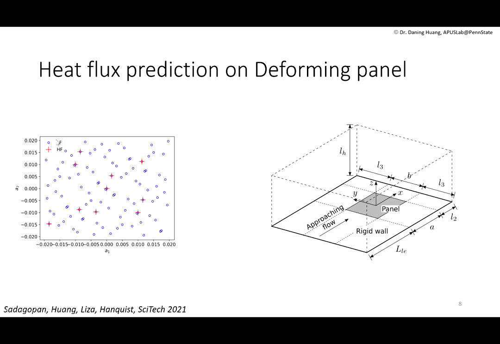We used these blue dots, which are low fidelity data, while these red crosses are the high fidelity data. As you can see, there's only a fraction of high fidelity data within this parameter space. And if we were only using this high fidelity data, we would never find the correct heat flux prediction.